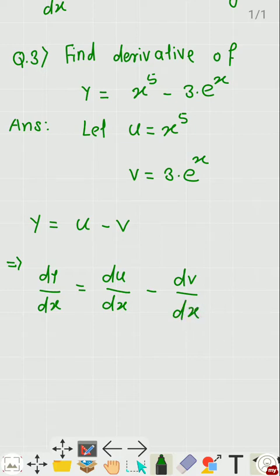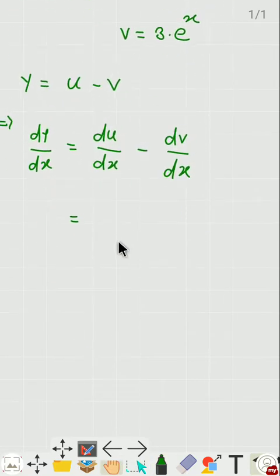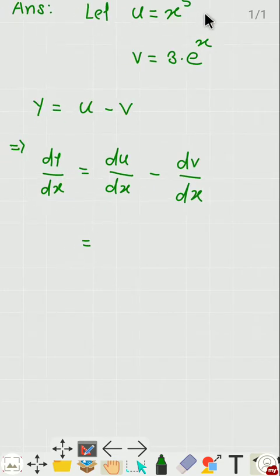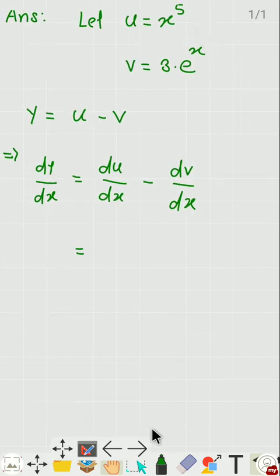The derivative of u, where u is x raised to the power 5, is 5 times x raised to the power 5 minus 1, minus the derivative of function v.